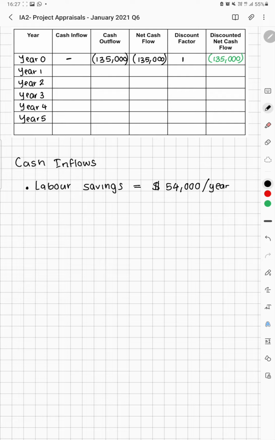Okay, let's go through the others and see if we have any more. The computerized equipment will have a life of 5 years, after which it will be sold for scrap value of 5,000. So the sale of computer equipment is another cash inflow at scrap value, which means $5,000. This will be an inflow in which year? When is it sold?